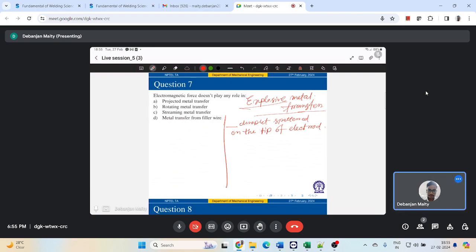So the main governing forces for this explosive one are electromagnetic force and chemical reaction. These are my two governing forces which will result in the explosion of those droplets, right?